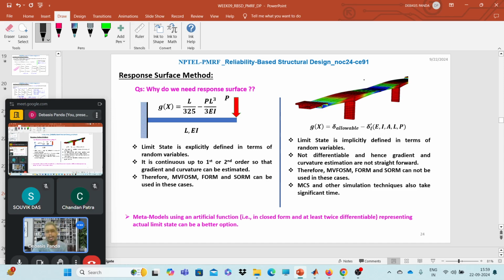Then we perform the rest of the reliability analysis. For this bridge, for some nodes, we are looking at the reliability with respect to the deflection. We can have the allowable deflection and the actual deflection. The actual deflection we can get from the numerical analysis, or the FEM code, modeled using the FEM tool.